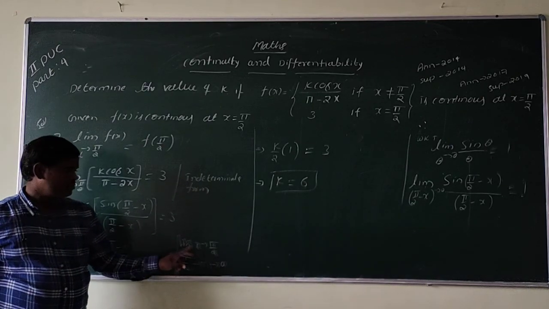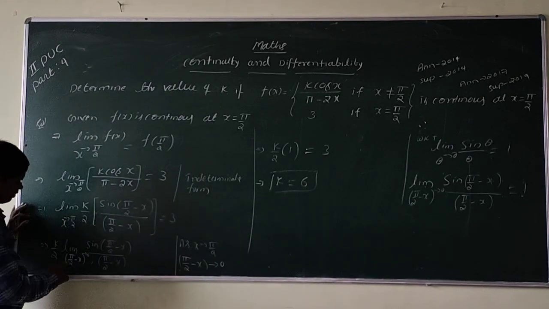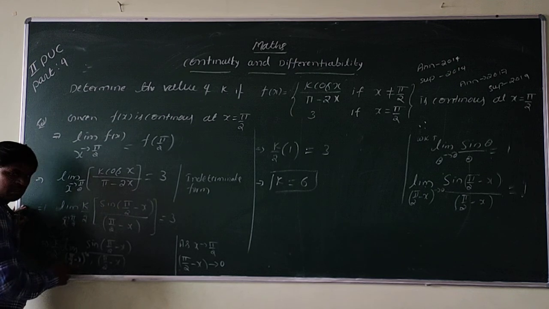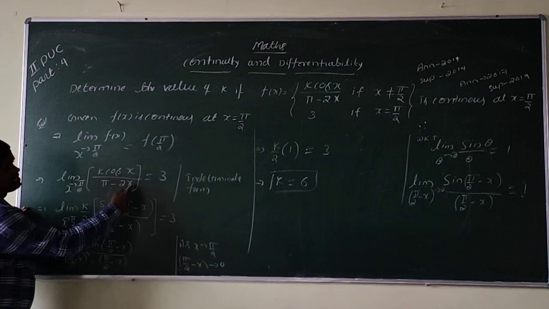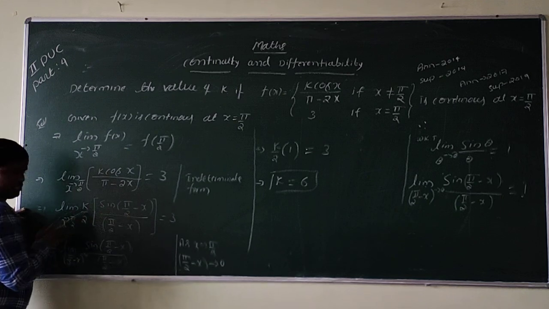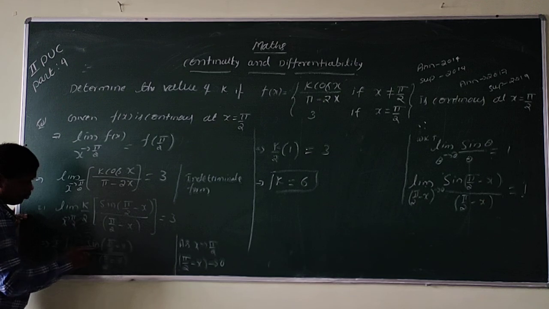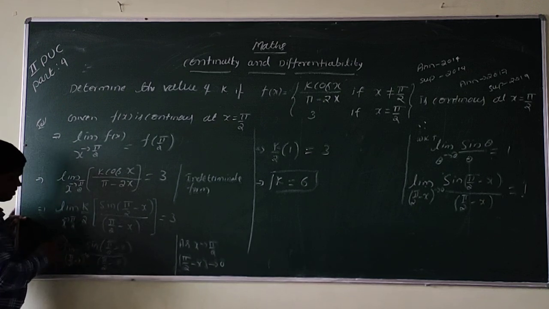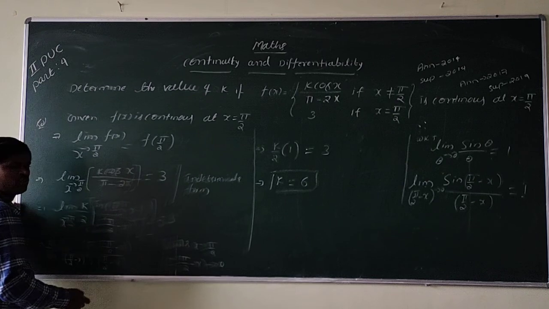Don't write again x tends to pi by 2, because here x is there, but here pi by 2 minus x is there. So we must say that as x tends to pi by 2, pi by 2 minus x tends to 0. Now you must write it, otherwise we will lose 1 mark.